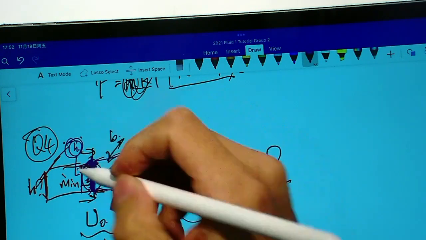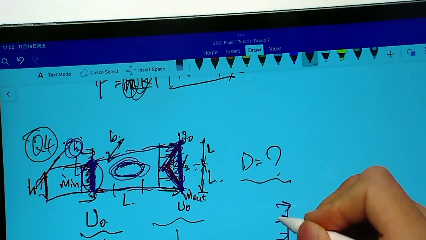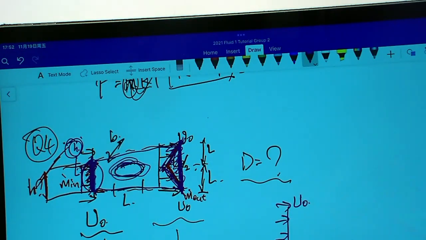Since at the inlet the flow is uniform, it's U0 everywhere. So as long as you have the mass flow rate at the inlet, you can directly multiply it by U0 to get the momentum at the inlet.